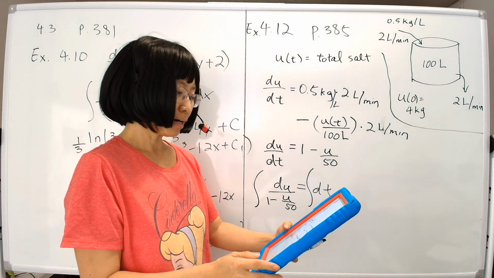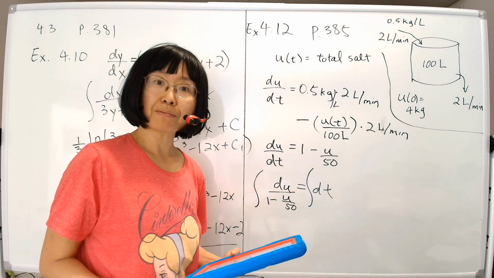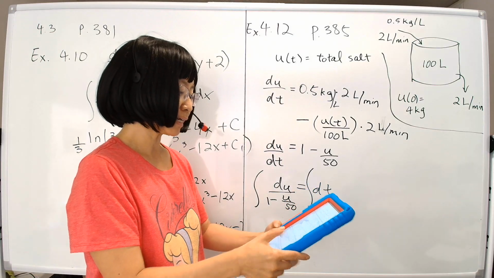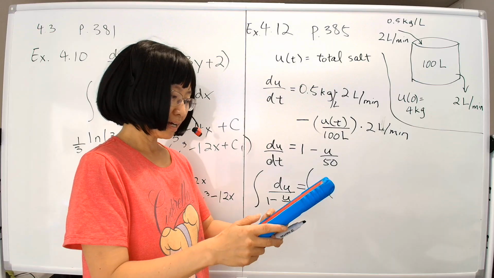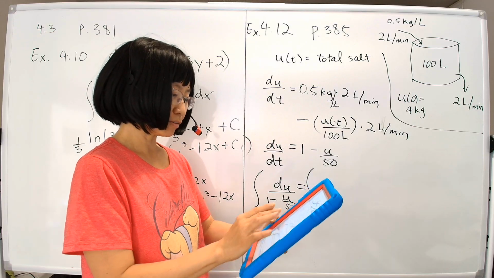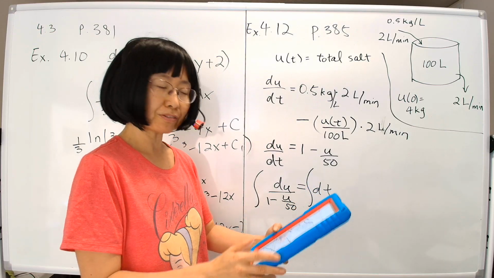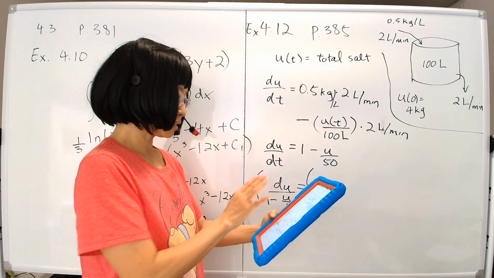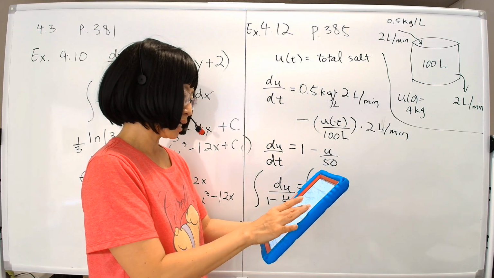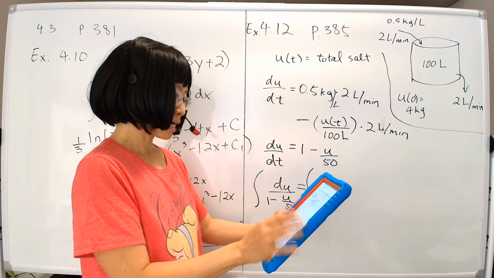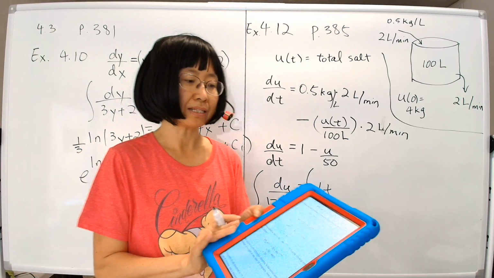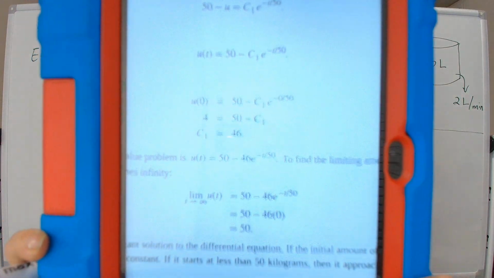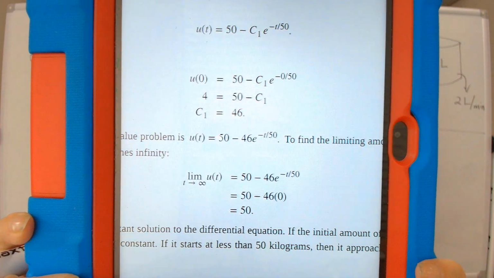Once you come up with a solution, plugging in the initial condition will solve the problem. So the solution for this integration is u(t) equals 50 minus c1 e to some power, etc. That is your solution if you get everything right and don't mess up.